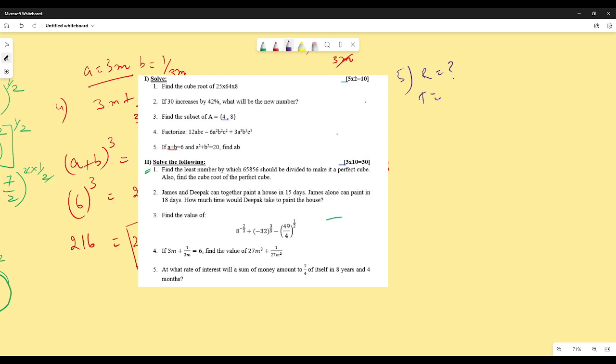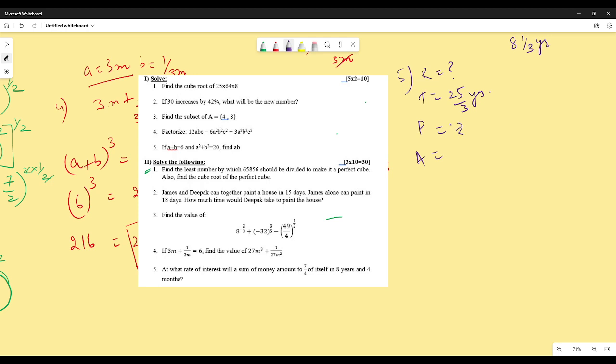The time is given as 8 years and 4 months, so that makes it 8 and 1/3 years, or you can write it as 25 by 3 years. Now principal is not given over here. It simply says that the amount will be 7/4 of the principal.